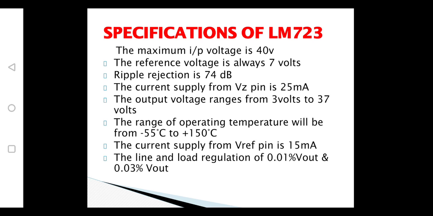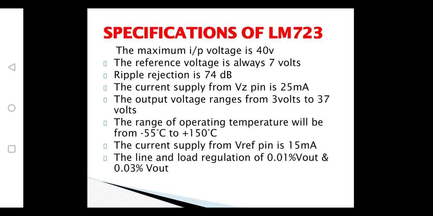These are the specifications of the 723. The maximum input voltage without destroying the IC is up to 40 volts, and the reference voltage should always be maintained at 7 volts.